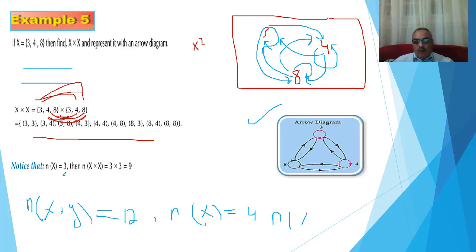From the definition, the number of elements of x product y equals the number of x times the number of y. So divide 12 by 4. We get the number of elements of y is 3.